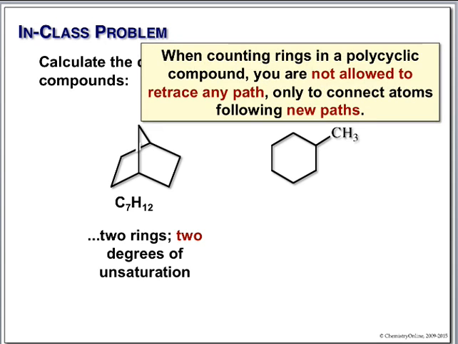That will be 1 ring. Then you look at what's left and you connect those back to your main ring. So for this guy, here's my 6-member ring boat. I've connected them together. And now for the other part, I'm simply going to connect these together, and that's our 2nd ring. 2 rings, 2 DU.